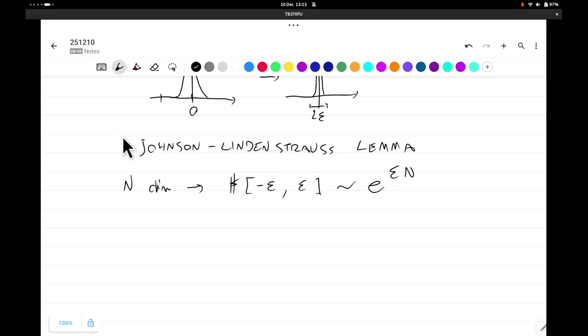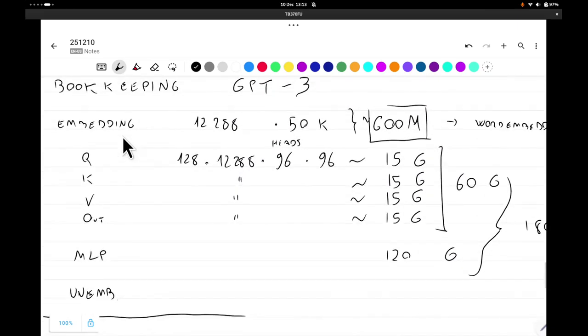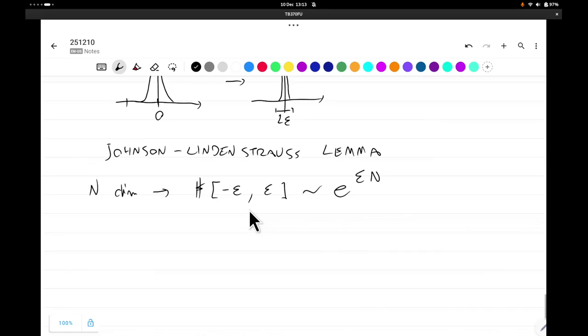So you can encode, in the 12,000 dimensions of GPT-3, the overall playground. It has to embed everything, and GPT-3 was already, nothing compared to GPT-5, but it was already astonishingly accurate most of the time.